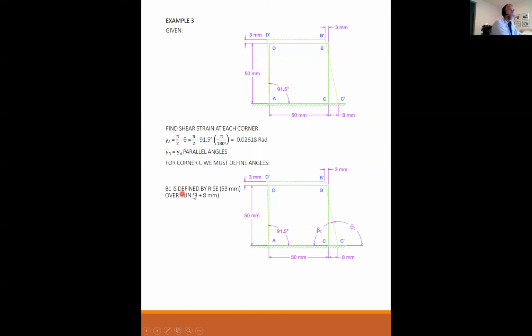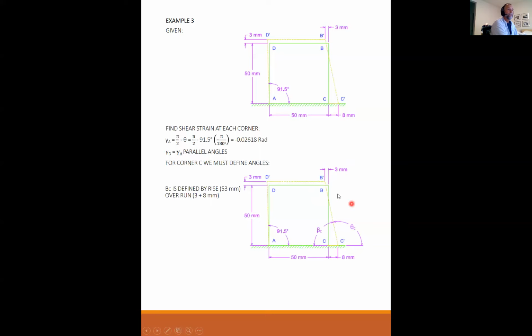Beta C can be defined by rise over run. The total rise is 53 millimeters because I have 50 plus the 3 that it's stretched. So from C to B prime is 53 millimeters.